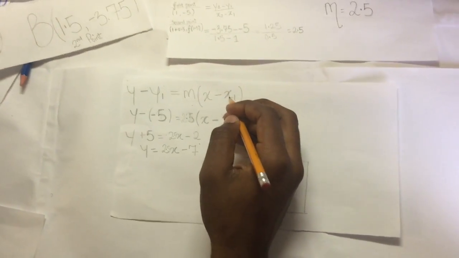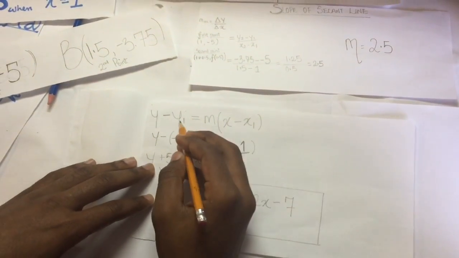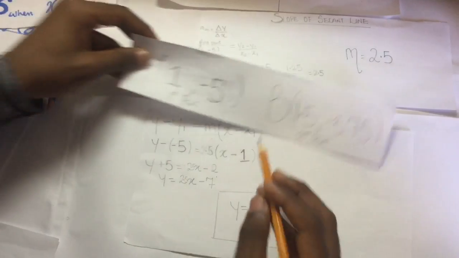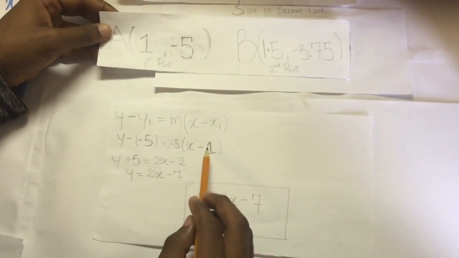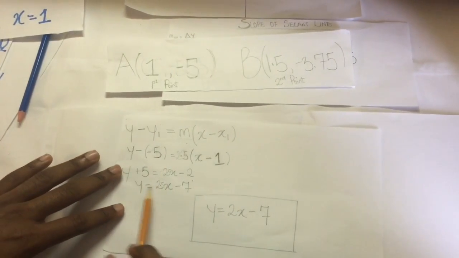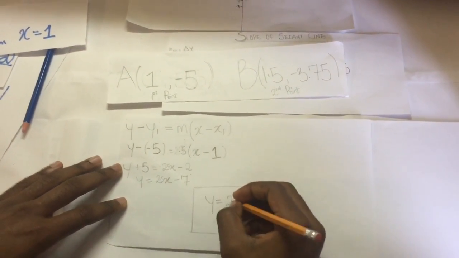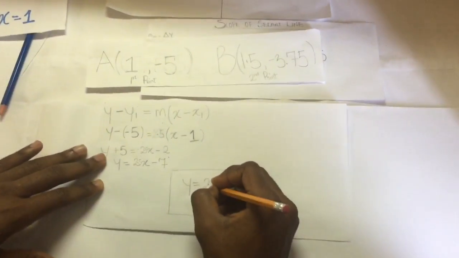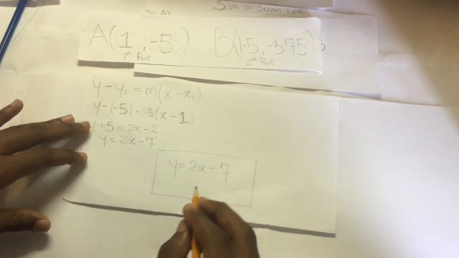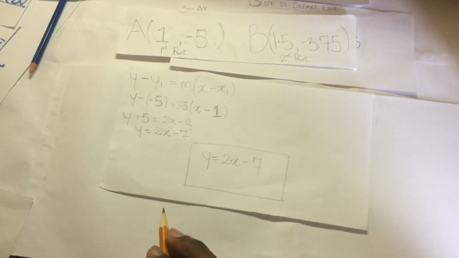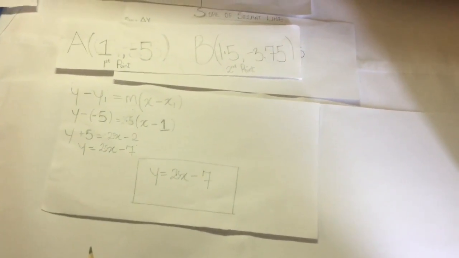And for my x1 and my y1, I can pick any of these points. So I picked my first point, 1 and minus 5. So I put 1, I put minus 5. I did this, and my equation was y equals 2.5x minus 7.